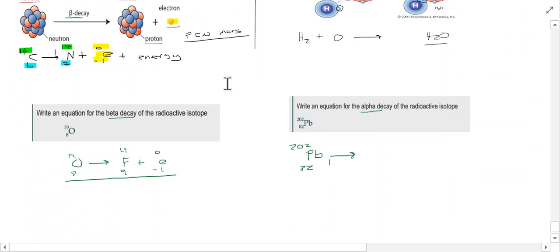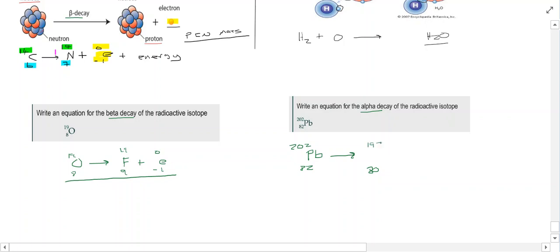So this number here is going to decrease by 2, so that changes to 80. And the mass number up here is going to decrease by 4, so that's going to become 198.